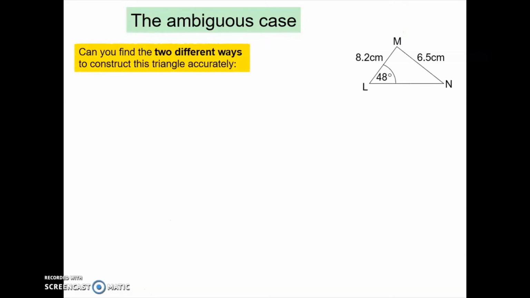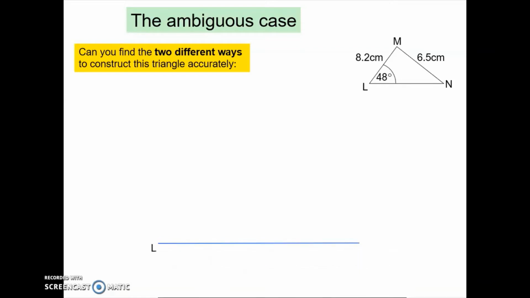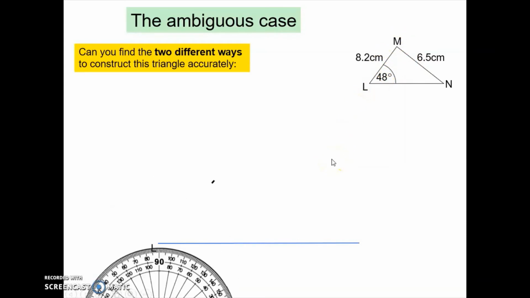We also need to be aware of what we call the ambiguous case. So there is sometimes 2 possible ways to answer the question. So for example, if we have a go at this question here, and we draw the triangle as such, starting with the base, we use the 48 degrees to measure accurately, and we're going to draw in 8.2 centimeter line.